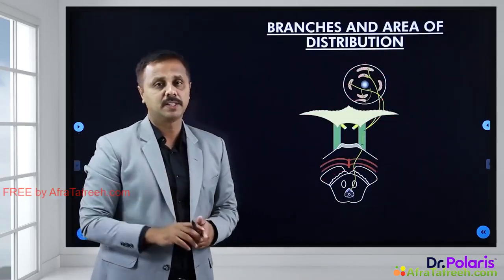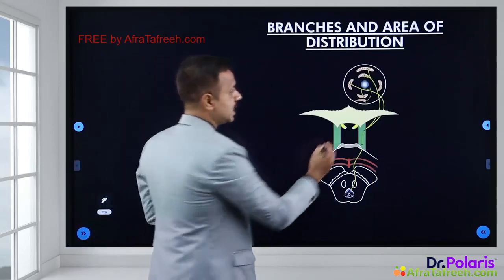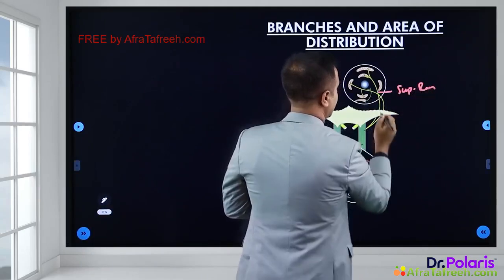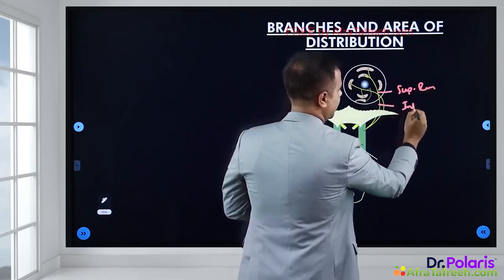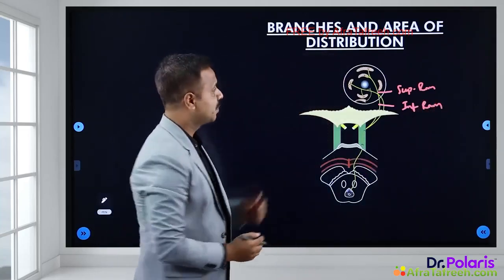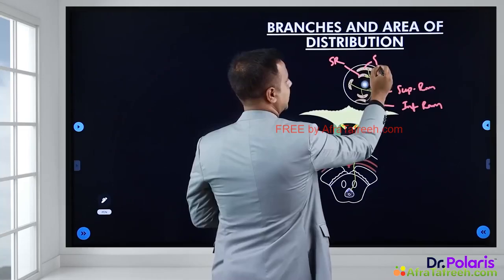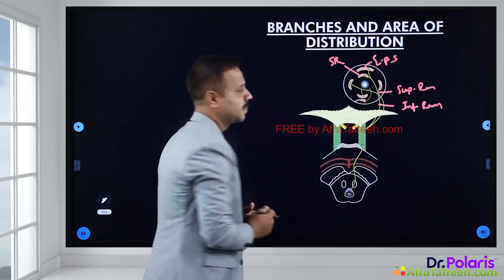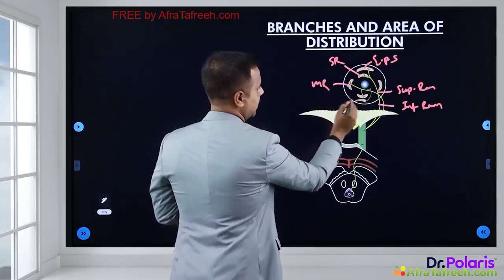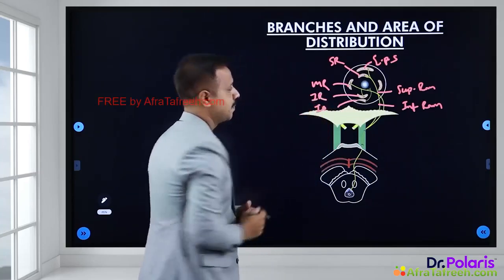Once we know about the course and relations, regarding the branches, as we have already said, there is a superior ramus, and this is the inferior ramus. And we already discussed that the superior ramus will supply the superior rectus and the levator palpebrae superioris, whereas the inferior ramus will supply the medial rectus, then inferior rectus, and finally inferior oblique.